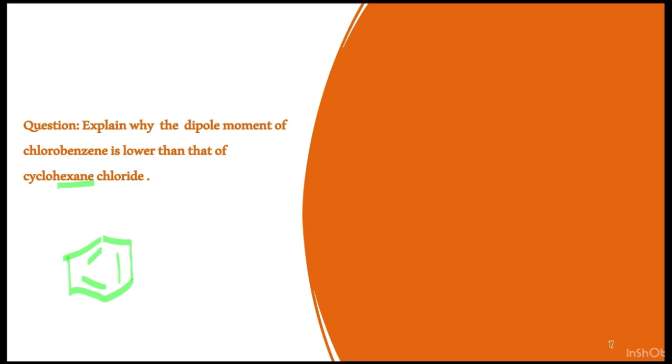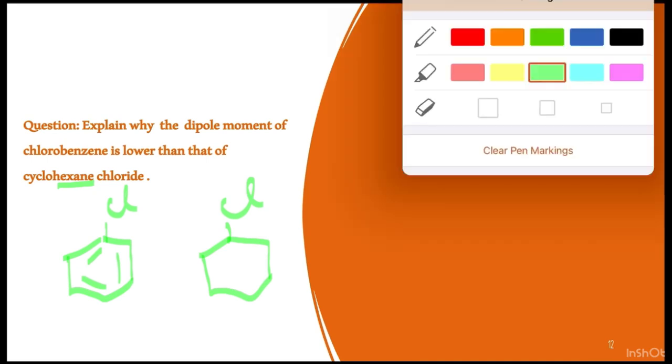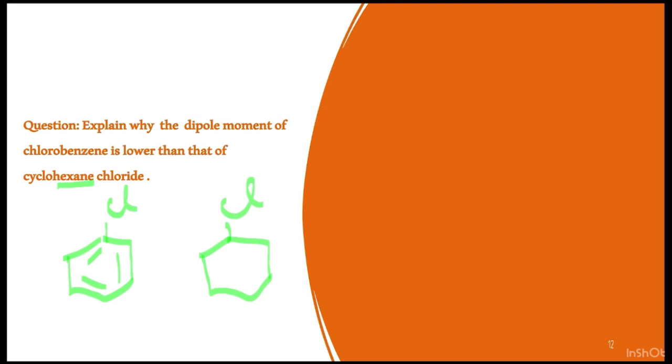So here, if you have chlorobenzene and you compare it with this, the very clear difference is in the nature of the C-Cl bond. Due to resonance here, you will have a double bond character. But here, the double bond character is not possible. So because of that, the bond length decreases in this case.